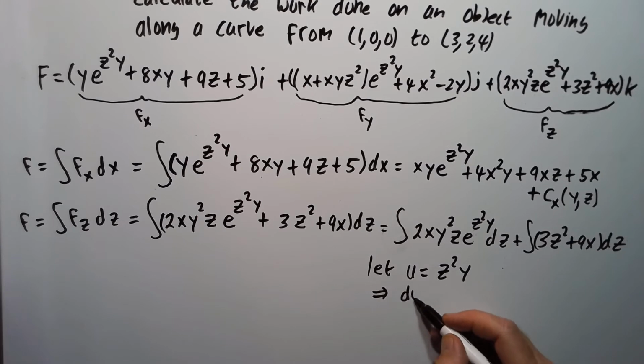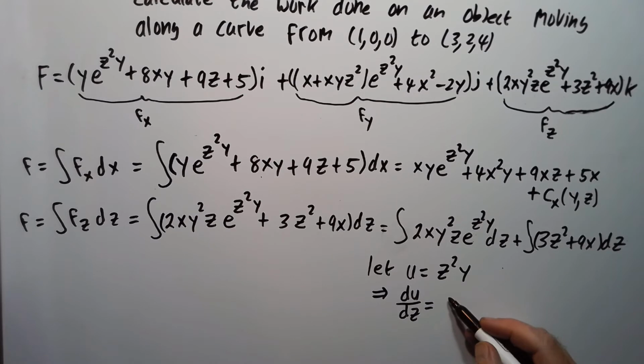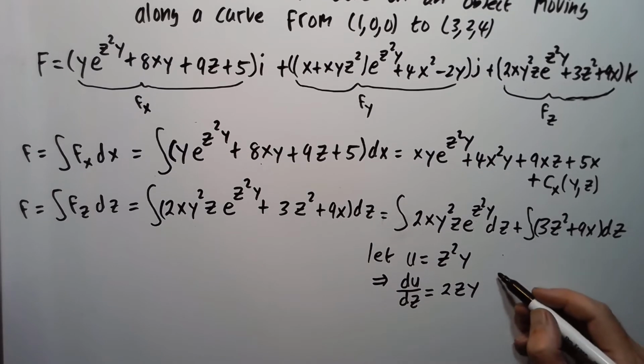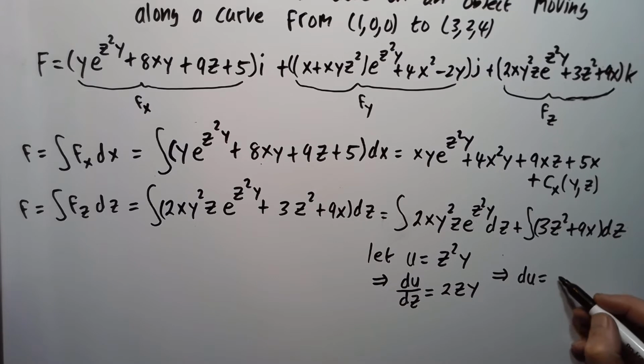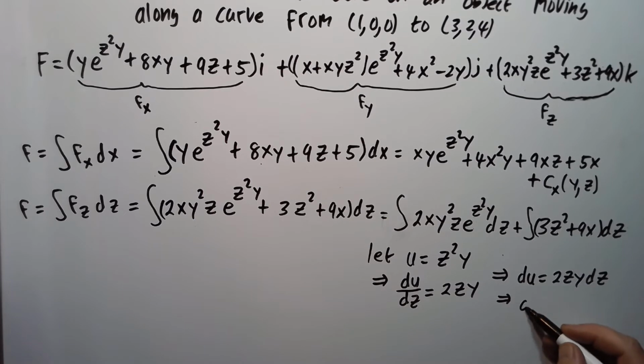Then du/dz will be 2zy, so du will be 2zy times dz. Then dz will be du over 2zy.